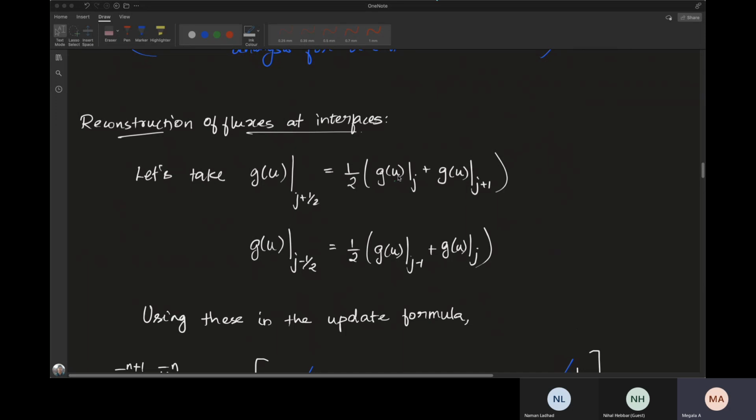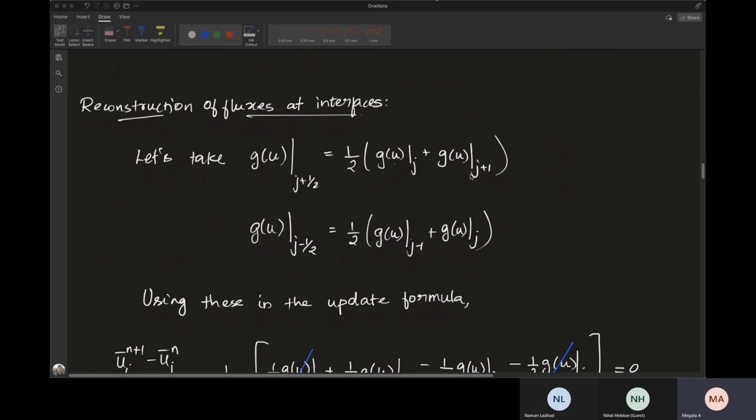You just take half of g of u at j and half of g of u at j+1 and add them. That is, you just take half of the contribution from the left state and half from the right state. The same goes for g of u at j-1/2. Here again, you take half from the left and half from the right.